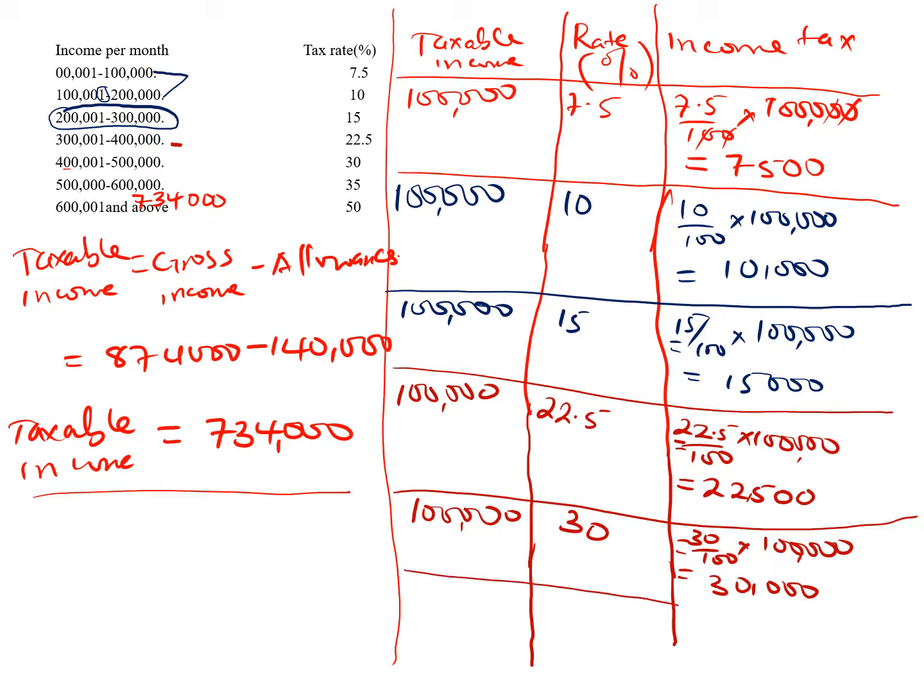Then also we shall proceed, and we have our now part A, this was done, allowances. Then part B, taxable income, is also done.